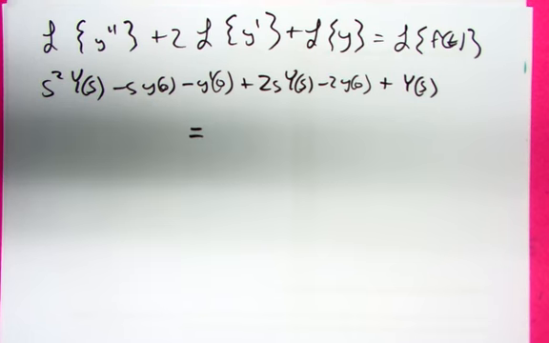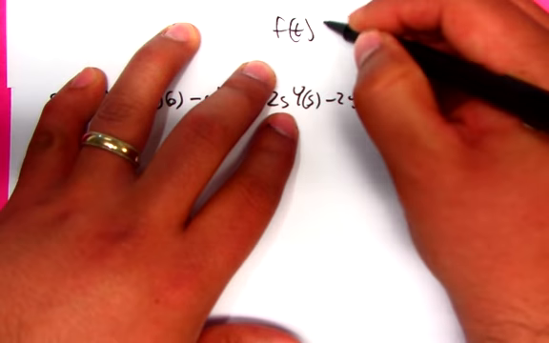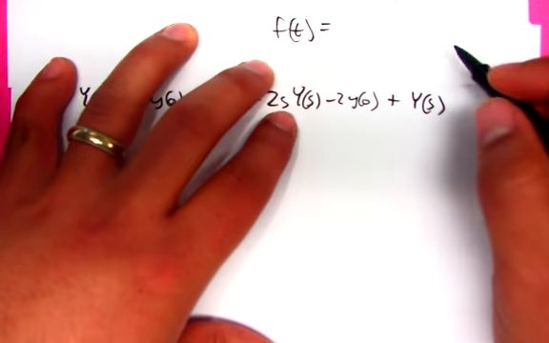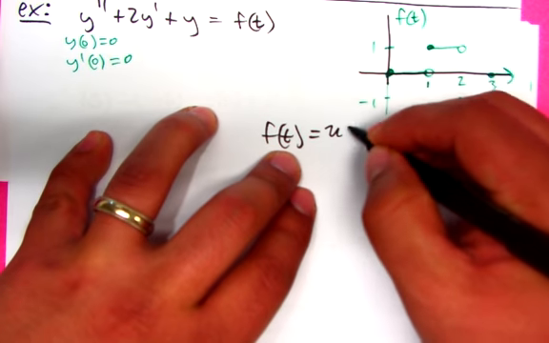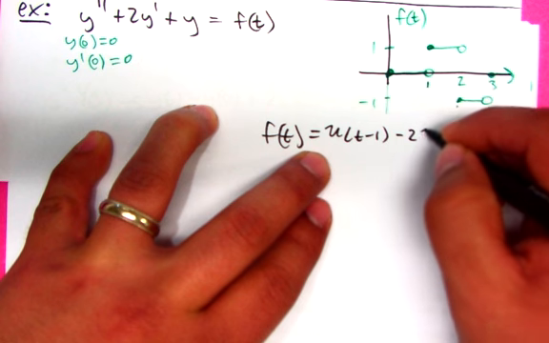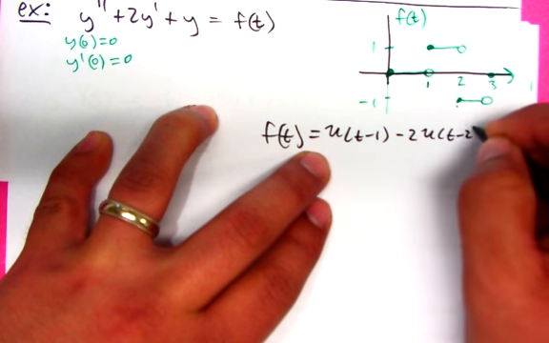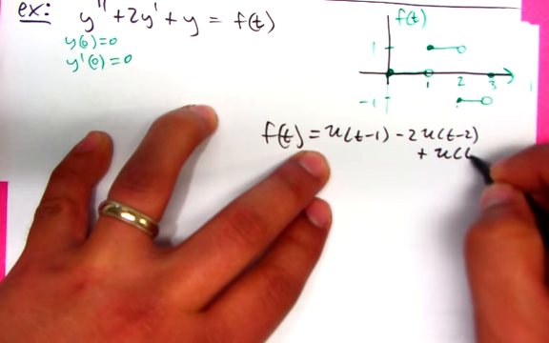On the right hand side, we're going to take the Laplace transform of f of t, which, if you wrote it correctly, should be written as u of t minus 1 minus 2 u of t minus 2 plus u of t minus 3.